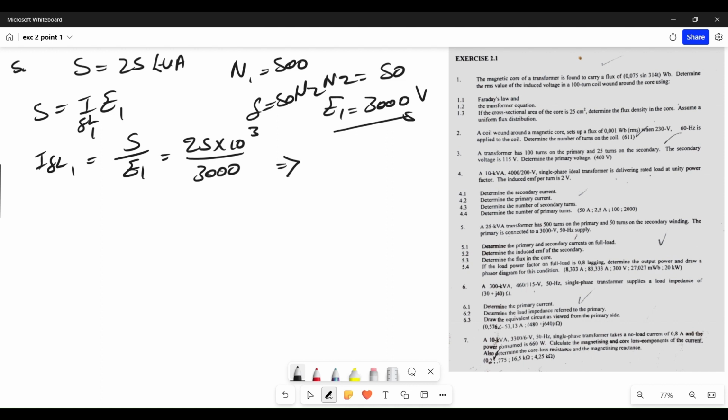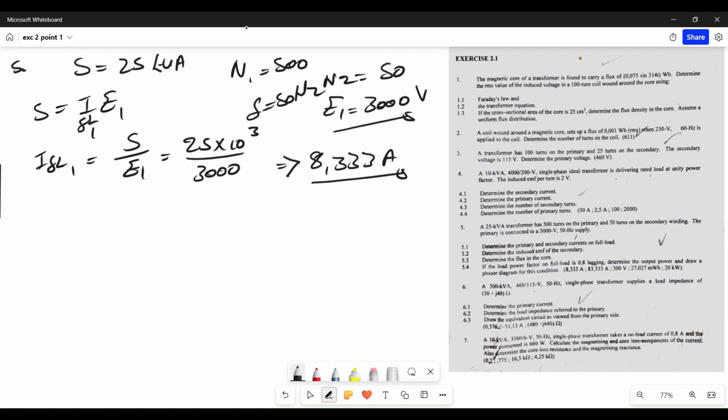The answer gives us 8.333 amperes. That is the primary current on full load.